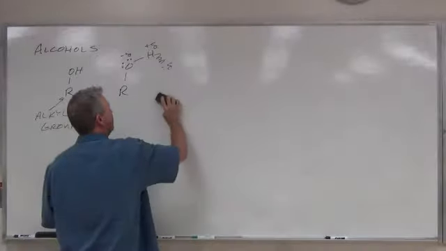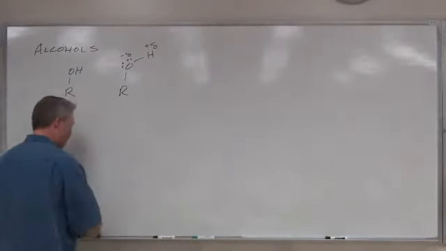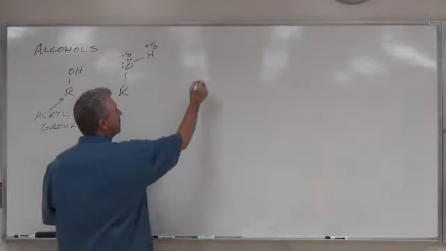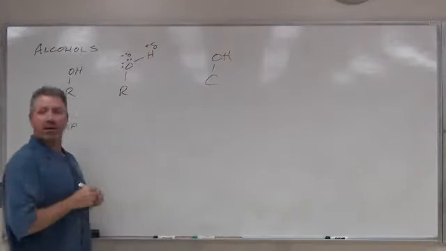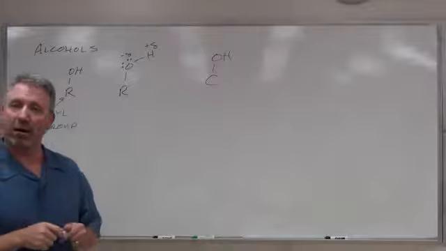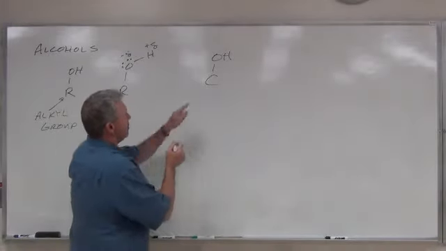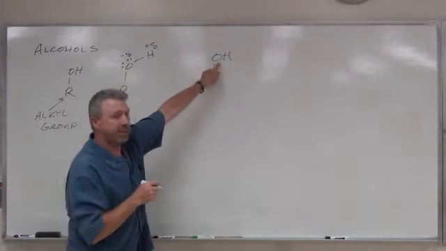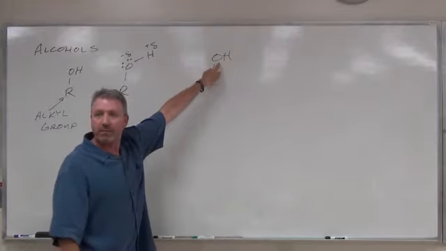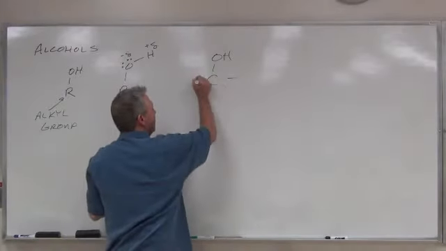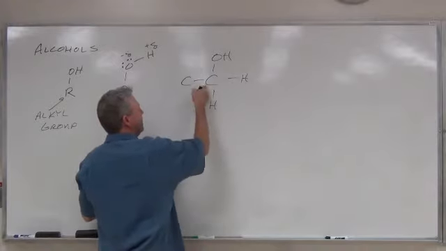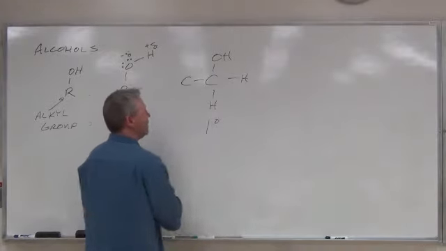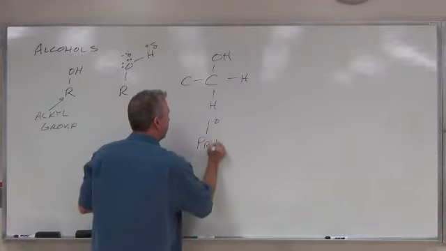There are different degrees of alcohols. And it's very easy to tell what degree your alcohol is. You look at the carbon that contains the OH group, and you say, how many other carbons is it attached to? If it's attached to one, it is a primary alcohol.